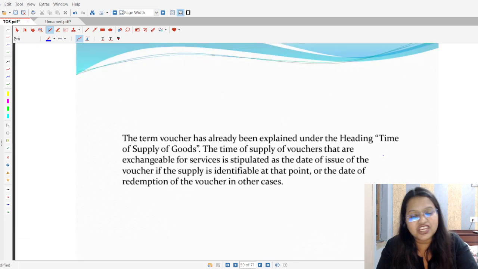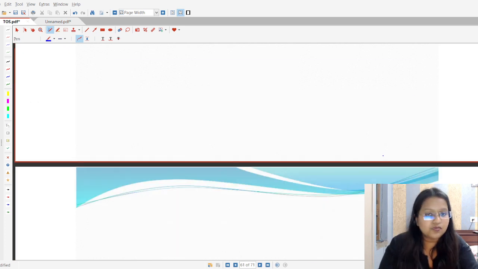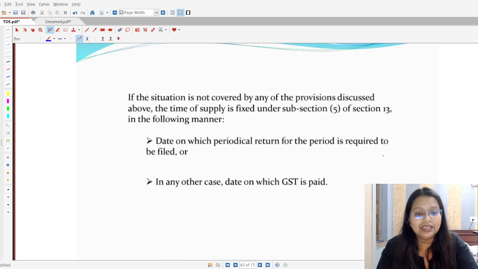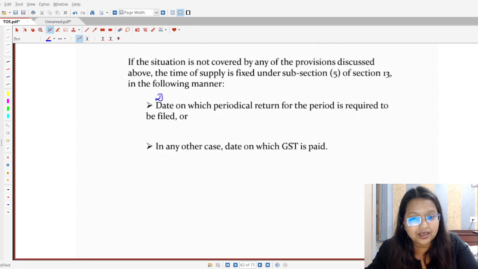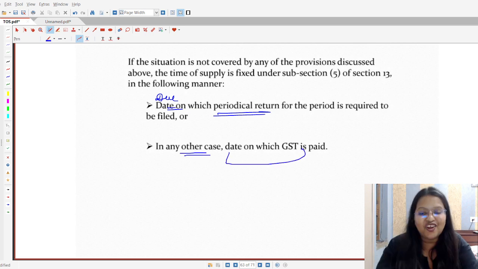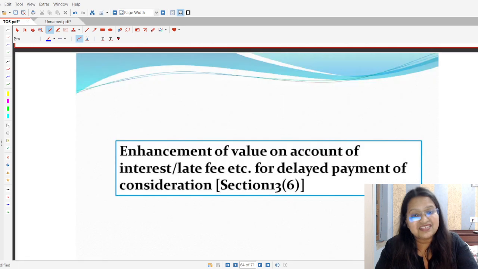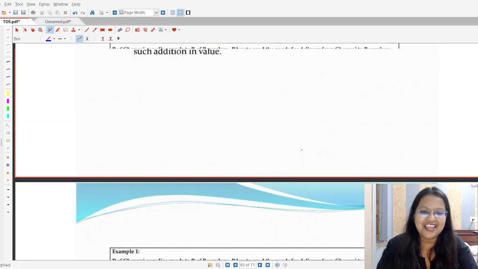Now the case of section number 13, subsection number 5, that is of residual cases. This provision is also the same, that if the person is required to file the periodical return, the due date on which the periodical return is required to be filed, and in any other case the actual date on which GST is paid. Now section number 13 subsection 6 is also the same, but yes, revise it with me.